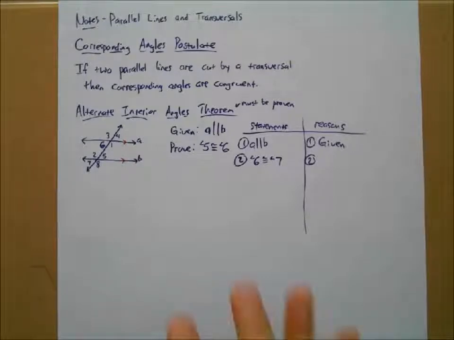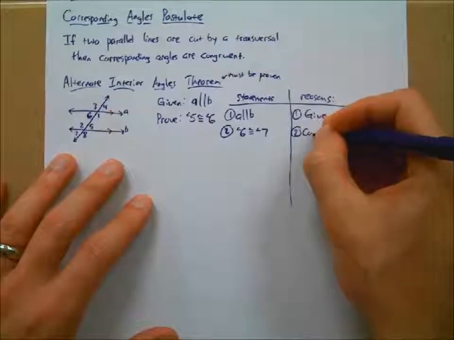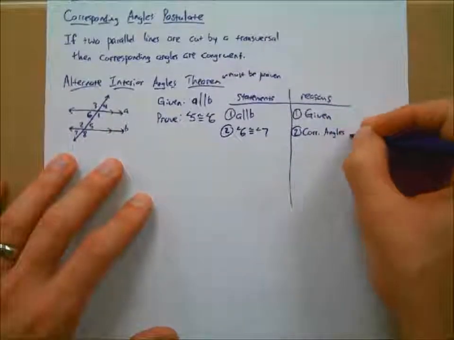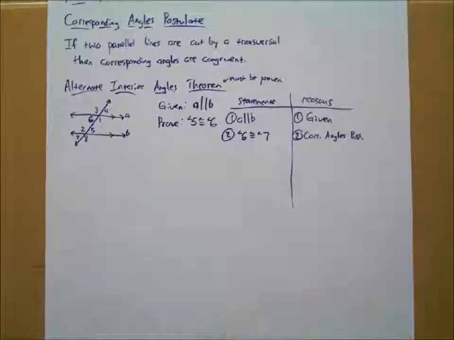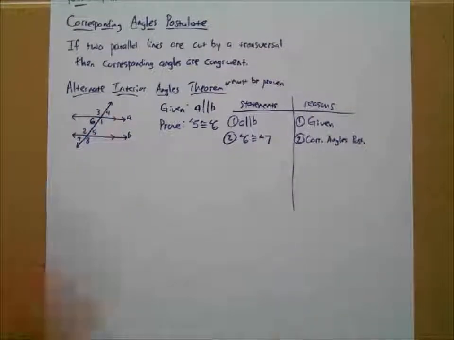The corresponding angles postulate. I'm going to abbreviate here just because it saves space. Corresponding angles postulate. They must be congruent. Okay, so 6 and 7 must be, and there are other ways to prove this. This is just one path to take.